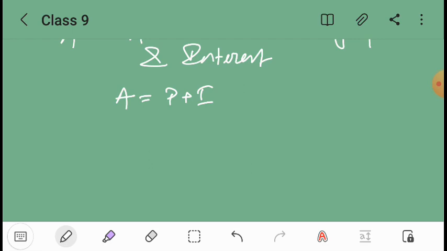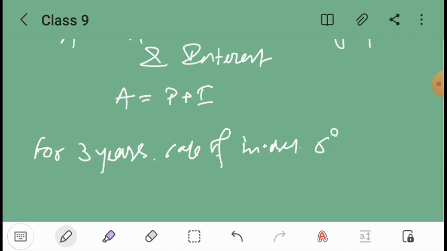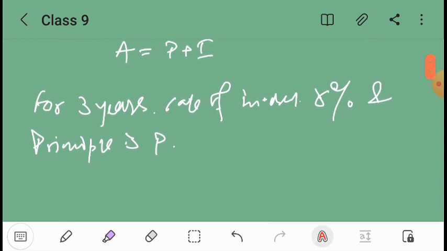For the principal P, which we already denoted, and rate of interest R%, let's consider 3 years. So here you can see that the main theme is 3 years.